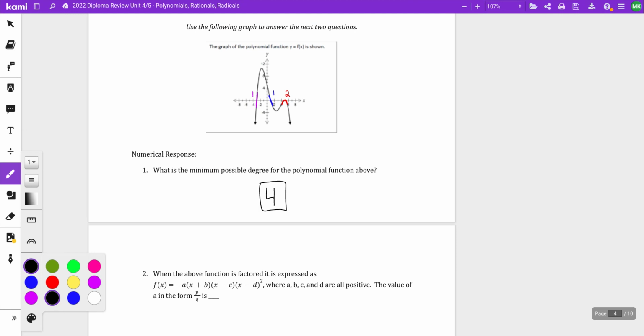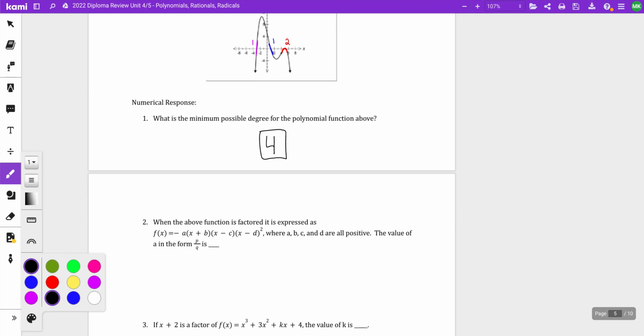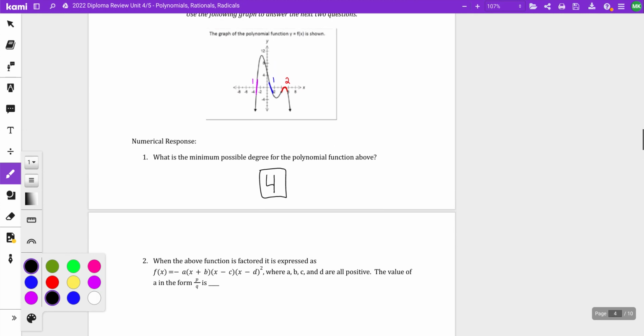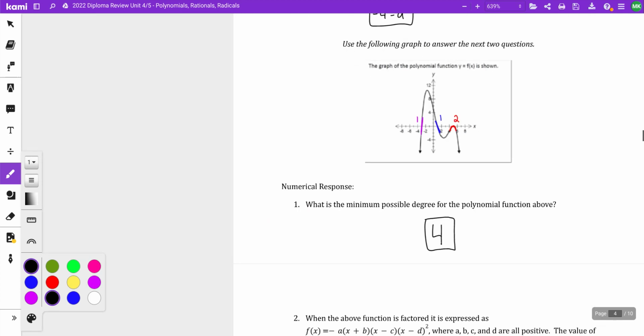When the above function is factored, it is expressed as f of x equals negative a, x plus b, x minus c, x minus d squared, where a, b, c, d are all positive. The value of a in the form p over q, so it's going to be a fraction, is. Let's make this thing. b is going to be 3, c is going to be 1, and d is going to be 5.